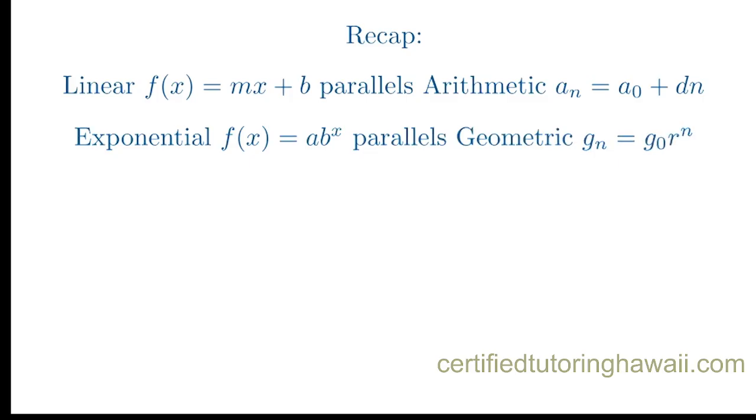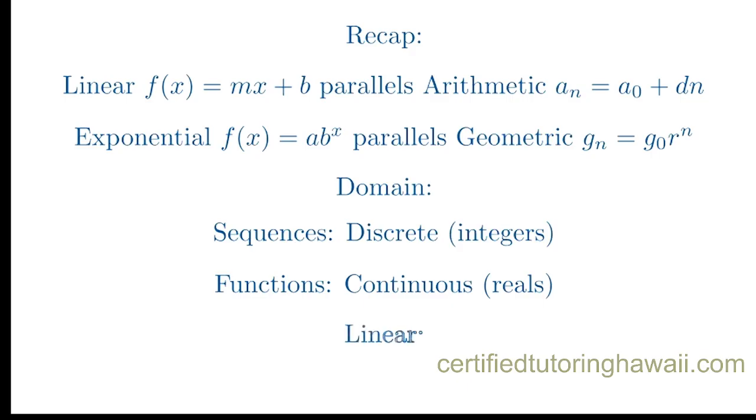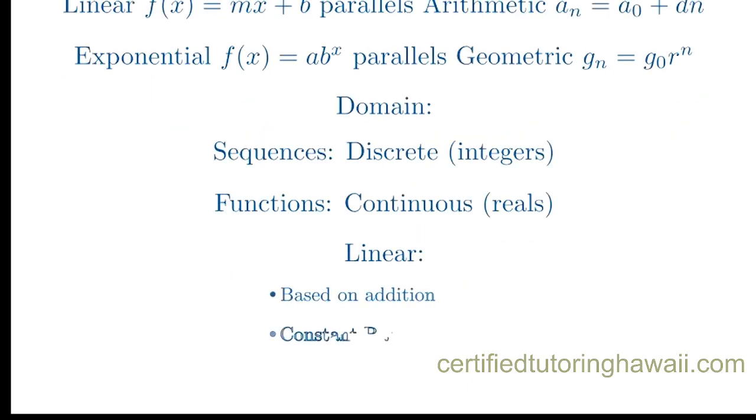We also highlighted the key difference in their domains. Sequences are discrete, while functions are continuous. Sequences have a discrete domain consisting only of integers, while functions have a continuous domain of all real numbers. And most importantly, we compared them. Linear functions are based on addition, have a constant rate of change, and a straight line graph.